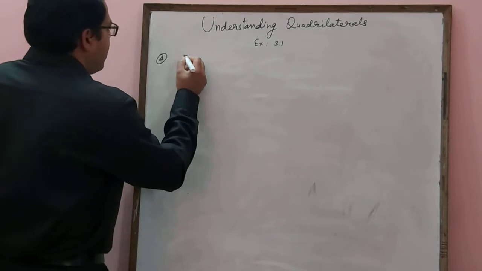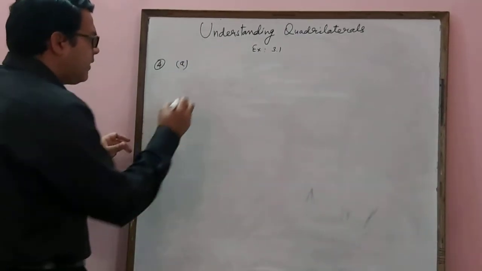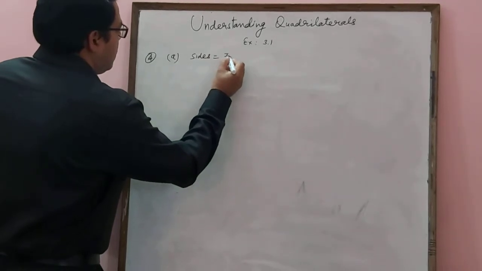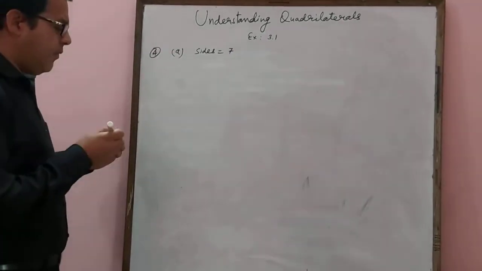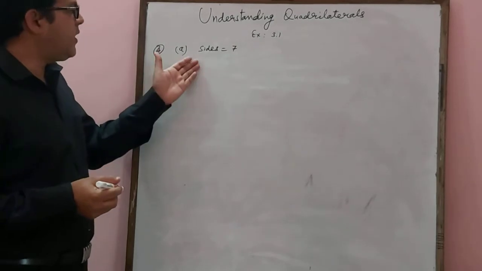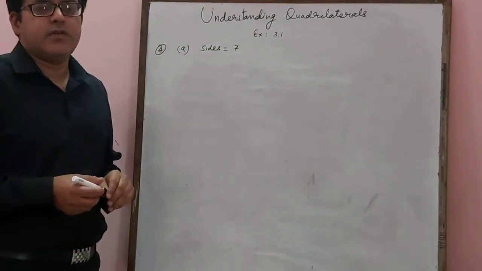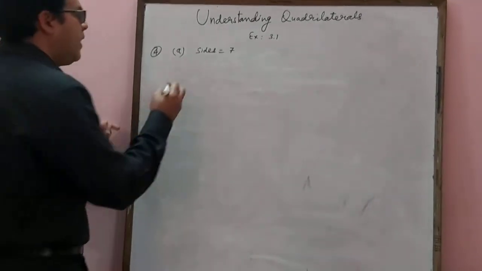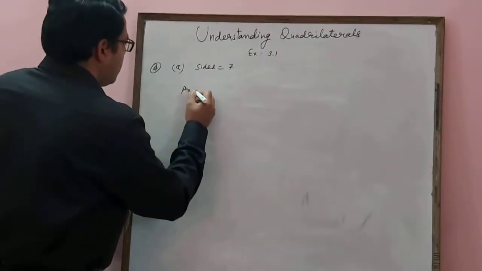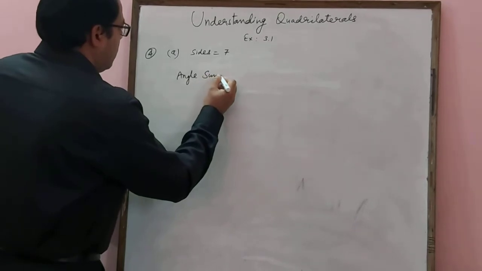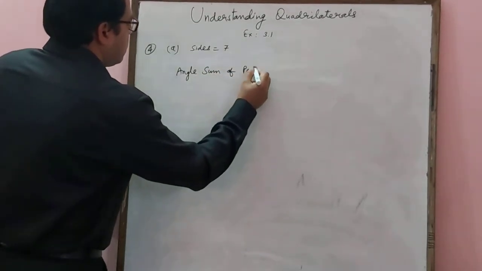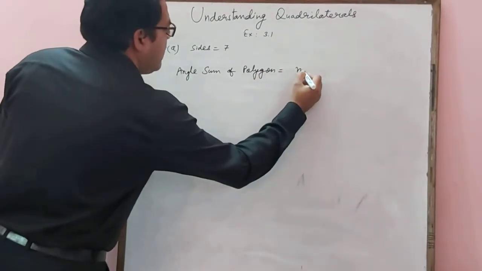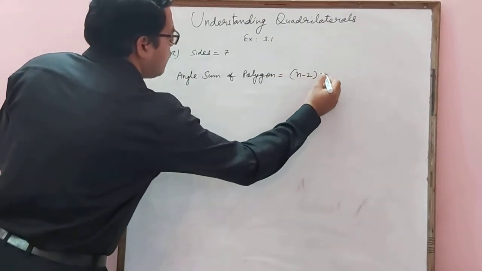In part A, what is the angle sum for the polygon which has 7 sides? One formula you must know here: angle sum of a polygon equals (n minus 2) into 180.